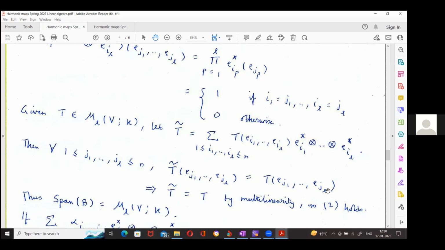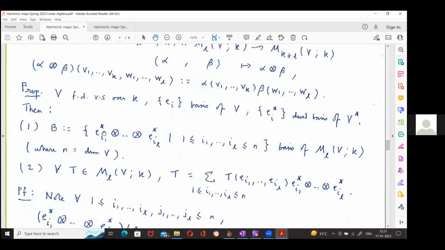If both multilinear functions take the same values on L tuples of basis elements, they are equal. So T tilde is equal to T. So we've proved part 2 of this: any T has this expression with respect to this set, as a linear combination of these elements EI1 star tensor EIL star. So these elements span, and the span of this set B is the whole set of multilinear functions.